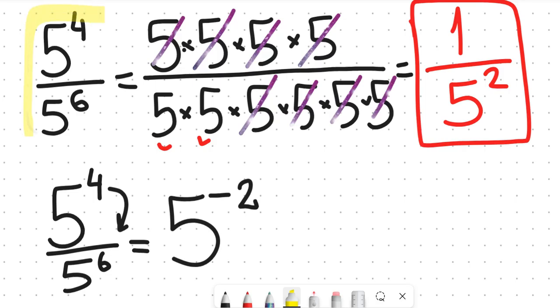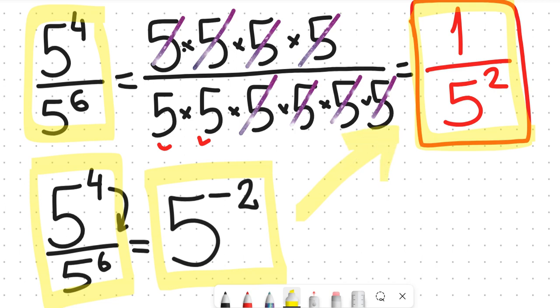The first time we solved the question, we got 1 over 5 to the power of 2. The second time we solved the same question, we got 5 to the power of negative 2, which means if we have a negative exponent, we write it as 1 over and then the exponent becomes positive.